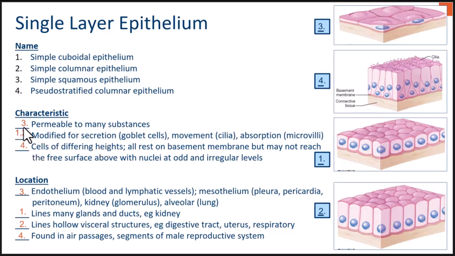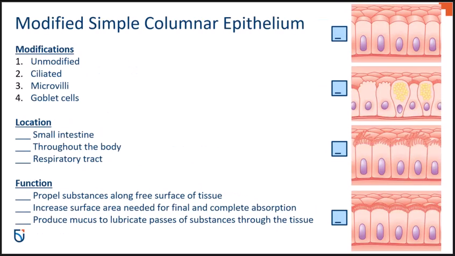But what I wanted to add in here is that sometimes simple cuboidal epithelial tissue can also be modified according to what it needs to do. But again, our focus was on the simple columnar epithelial tissue being modified with cilia, microvilli, and goblet cells.